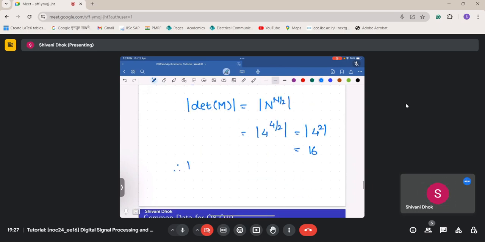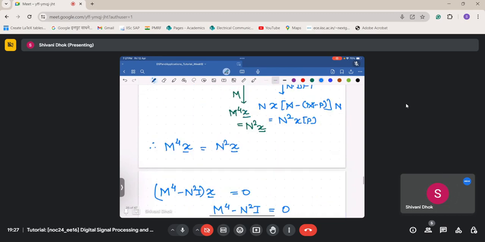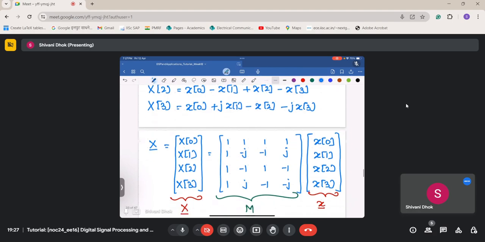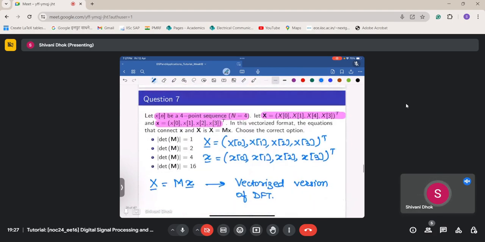So therefore magnitude of determinant of m is equal to 16. Yeah, so this is what we are having here, and therefore the final answer is this one.